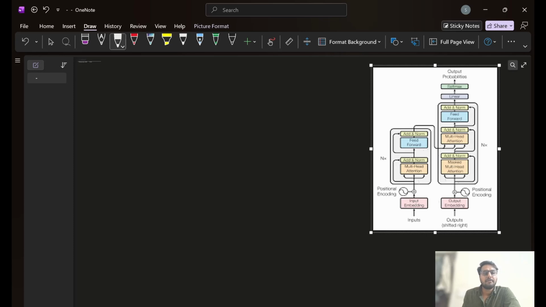So what we can do is understand each and every component of the transformer first, and then cover the whole working of the transformer architecture in the next few videos. This architecture was introduced in 2017. Why?